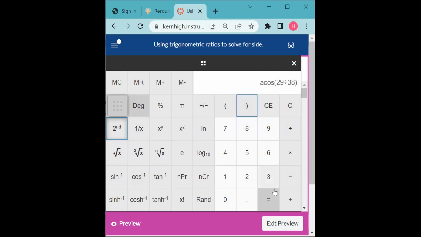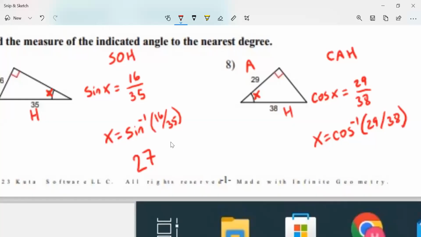Close my parentheses. According to my calculator, I get 40.2. That decimal number is too small, so I'm just going to ignore it. I'm going to ignore the decimal, so I'm just going to call this 40 degrees. Don't forget to round if necessary. So we're going to round it to the nearest degree.